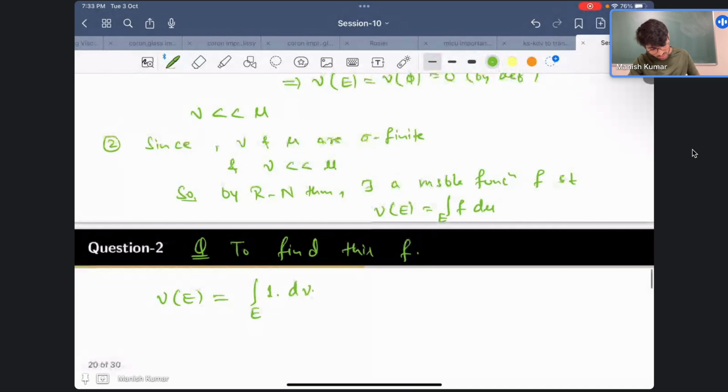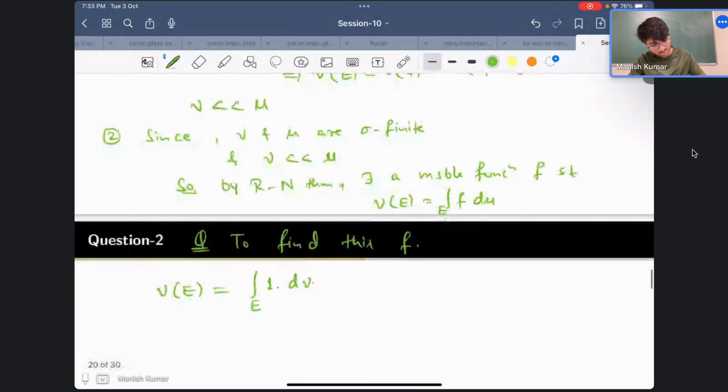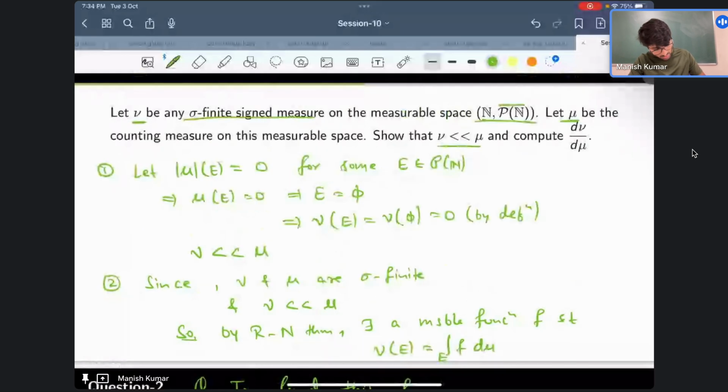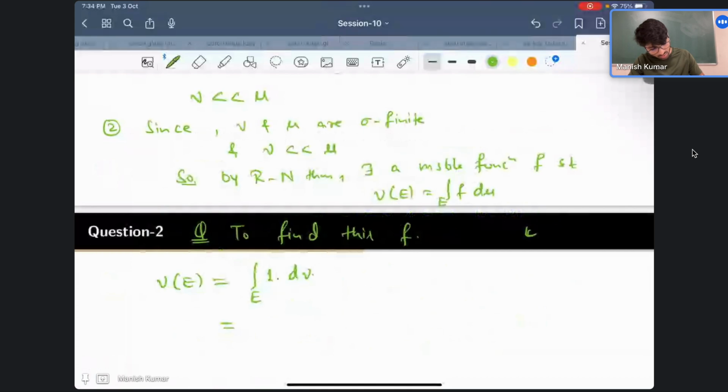Now where is this E? You see E is in the power set of ℕ, so that means E is some subset of natural numbers.